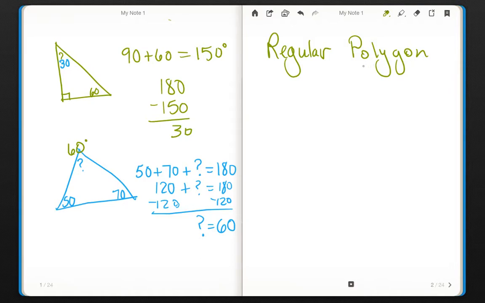So polygons are different shapes that you're used to dealing with, but a regular polygon is a special kind, and it's really the ones you do work with and see a lot, but you just maybe didn't know it was called a regular polygon. And that means that all the sides are equal on a regular polygon, and also all the angles are going to be the same.